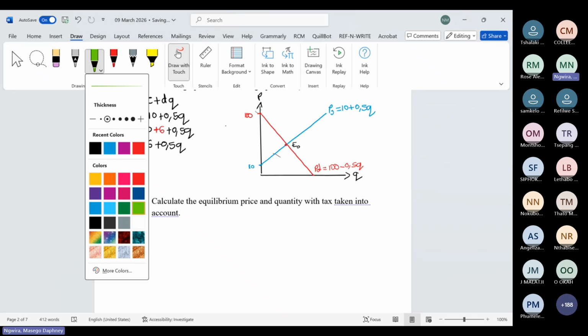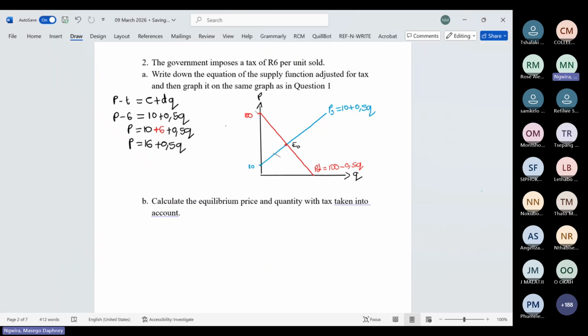Doesn't our graph start at 16? Yes, it starts at 16. So this is our supply function adjusted for tax. So I'm just going to put it here. This one starts at 16, and since it's a supply function, it goes up also.